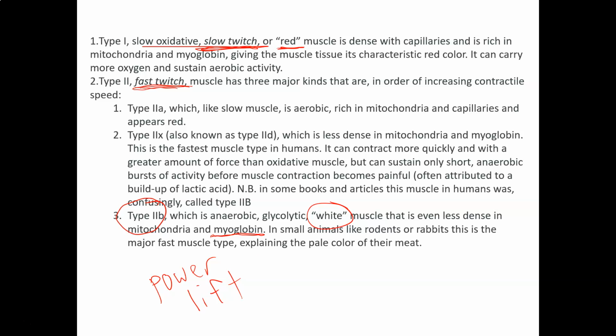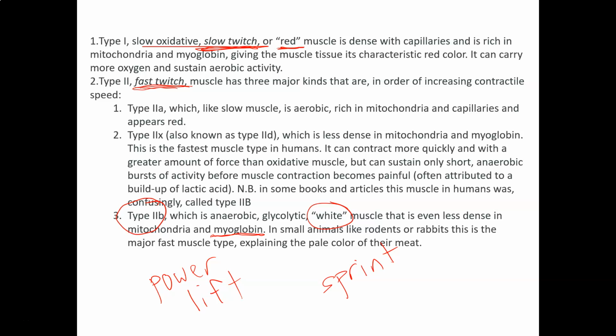And runners, if you run track, especially if you run sprints, like short distances, a sprint requires type 2B muscles. It requires a lot of power for a short period of time.